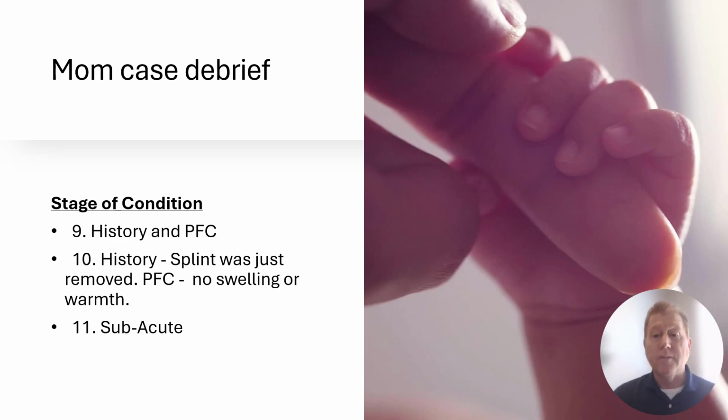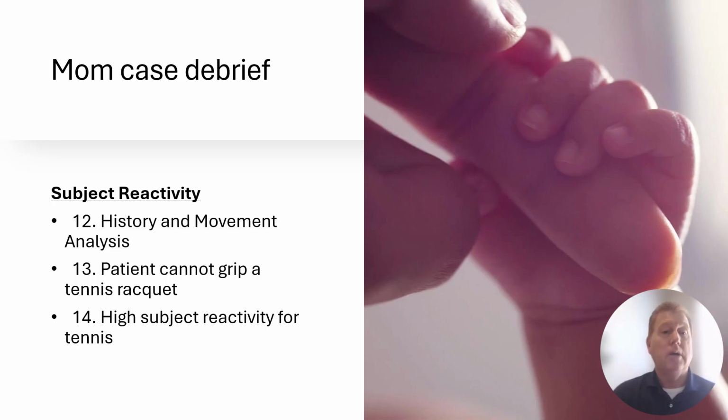And we're using all of this to start to gain, okay, what are we going to do with the patient? And our last piece of information really helps us with functional goals. And what we want to try to achieve here is the subject reactivity. Says that they cannot grip a tennis racket.